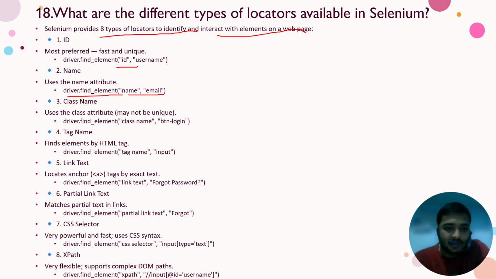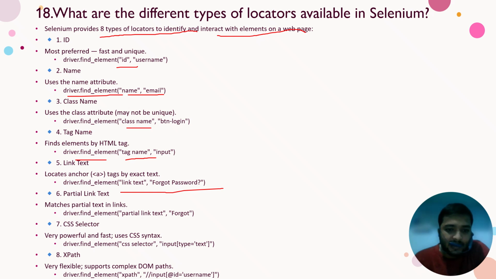Class name: driver.find_element using class name and button login. And tag name: driver.find_element using tag, for input. Link text: driver.find_element using link text, and then password.